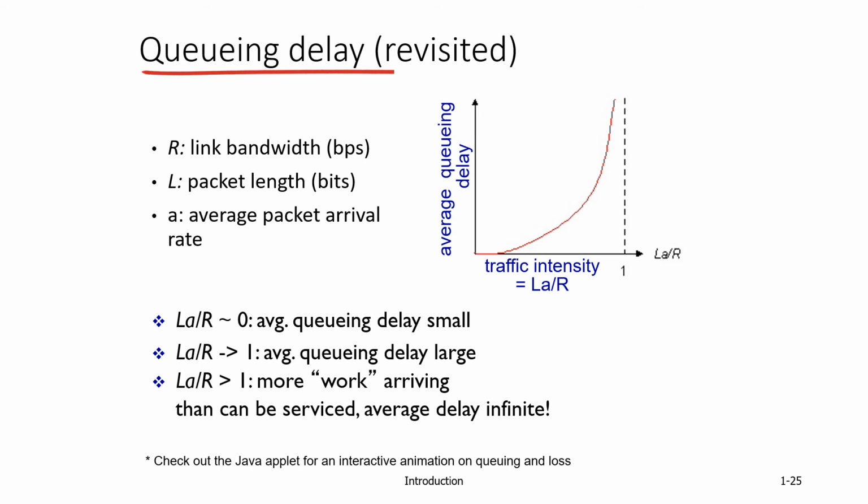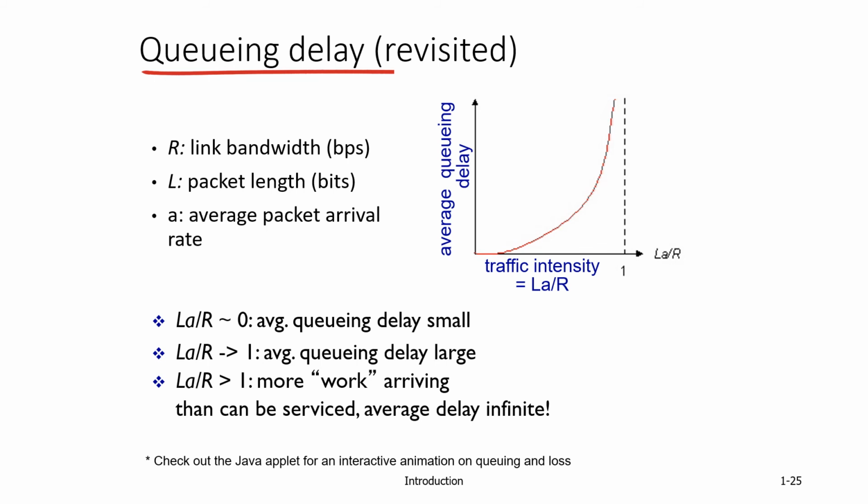That is, A and R are almost similar. This will result in zero queuing delay or close to zero queuing delay. As the arrival rate starts increasing, that is A starts increasing, the product of L and A when divided by R starts to increase as well.